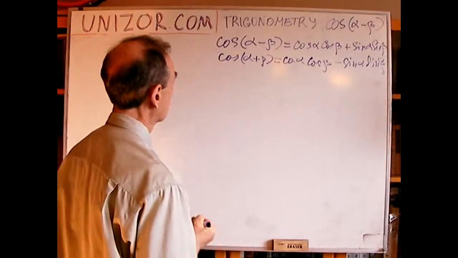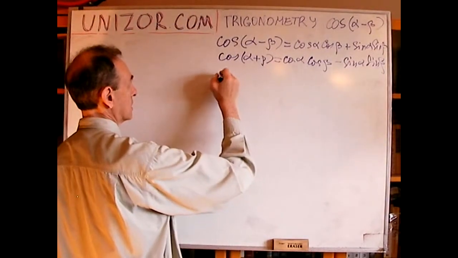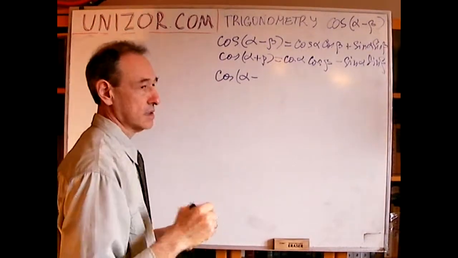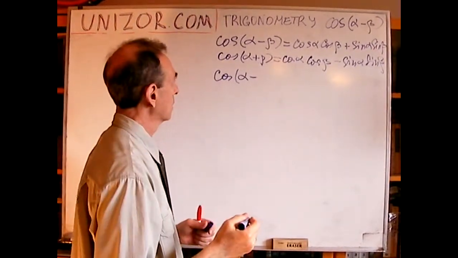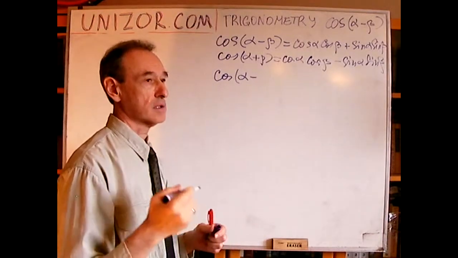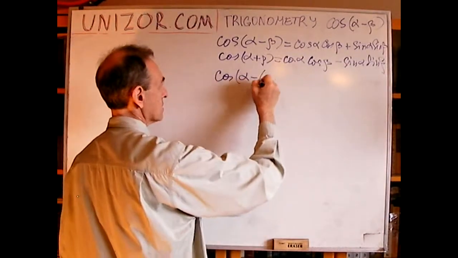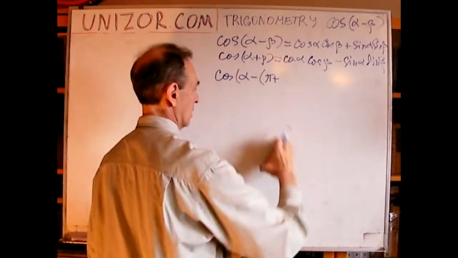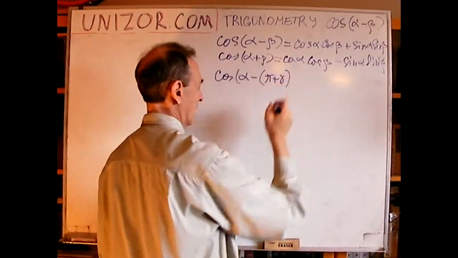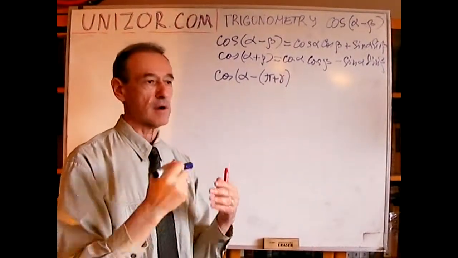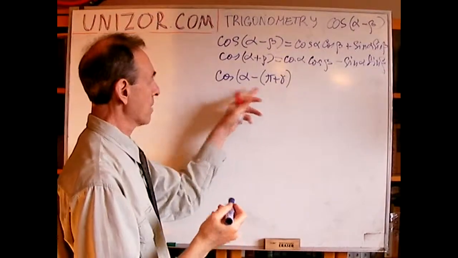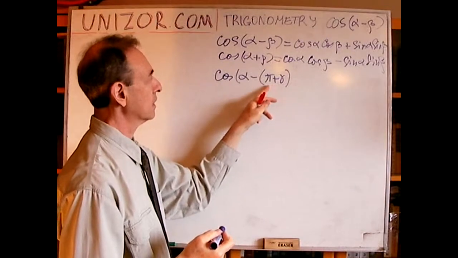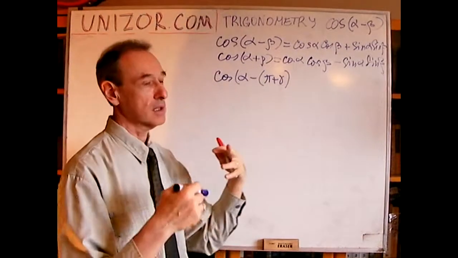Let's say cosine of alpha, and beta is very big, so we can have this beta as pi plus, let's use a different letter, pi plus gamma. So if alpha is greater than beta by more than pi, then I can always subtract pi from the beta and have gamma smaller.